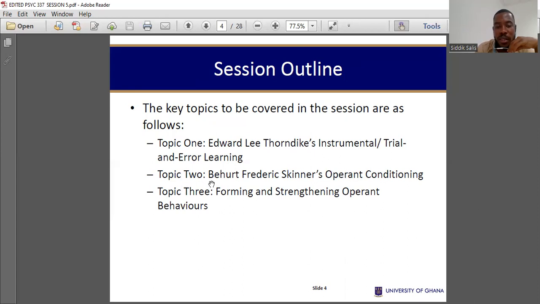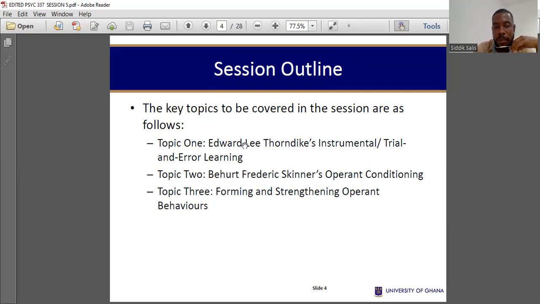Then we'll look at B.F. Skinner's operant conditioning. In case you have been seeing B.F. Skinner all this while, the full name is Burrhus Frederic Skinner. He called his own operant conditioning. Then we'll look at how we form and strengthen operant behaviors, or what the factors that affect them are.